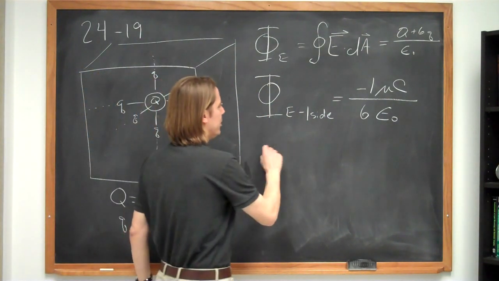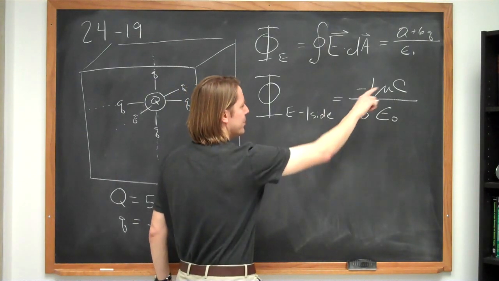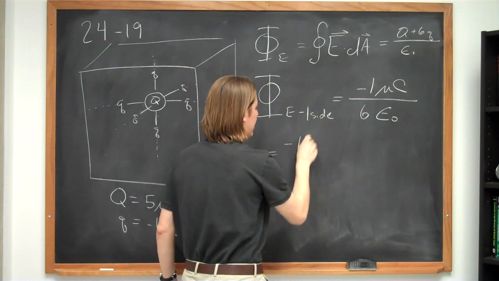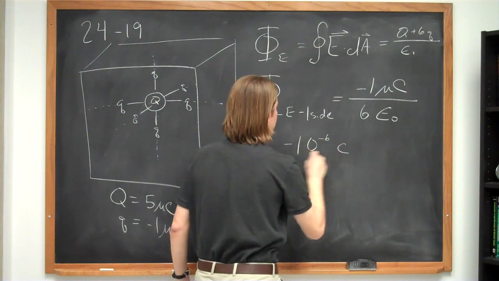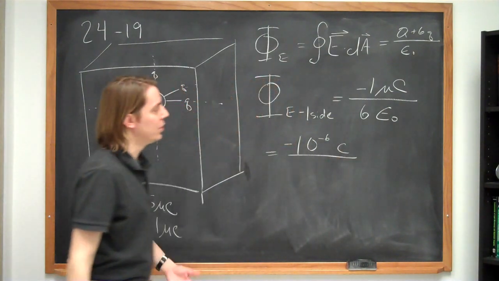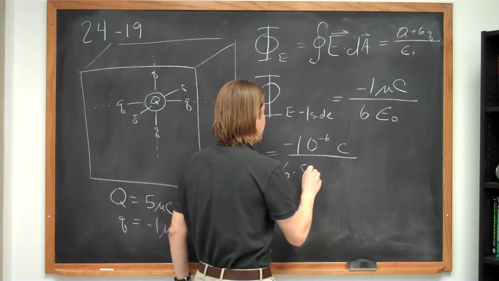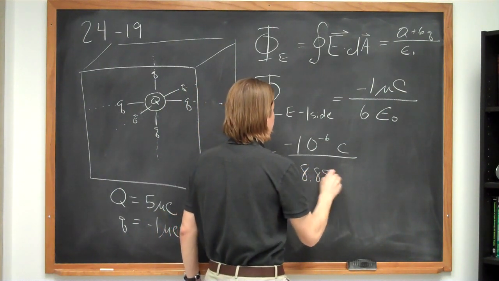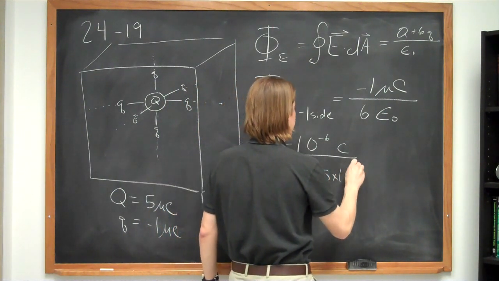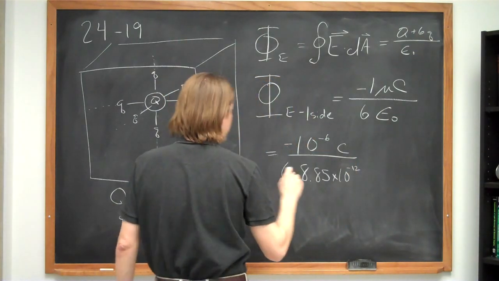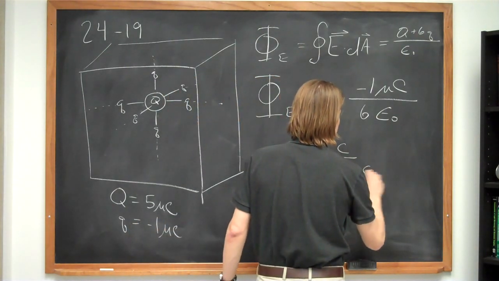So let's go ahead and just plug in and see what that is. If we're going to go to MKS units, that's minus 1 times 10 to the minus 6 coulombs over 6 times 8.85 times 10 to the minus 12 coulombs squared per Newton meter squared.